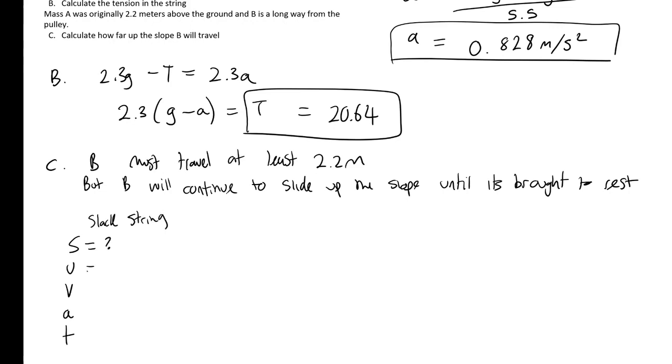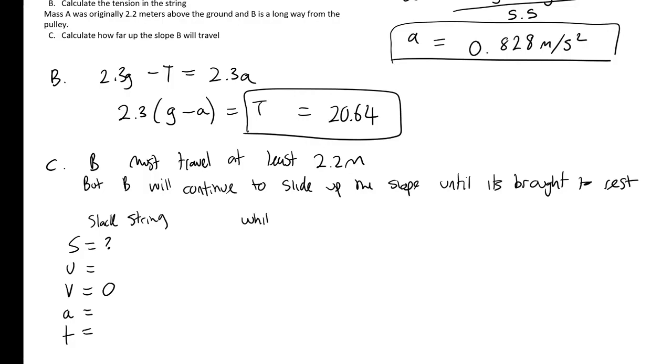We need to work that out. We don't know how fast it's travelling. We know that by the end, when it's travelled its maximum distance, B must stop instantaneously. We don't know its acceleration, and we don't know the time it travels for. So we know almost nothing there. So we should consider another suvat.